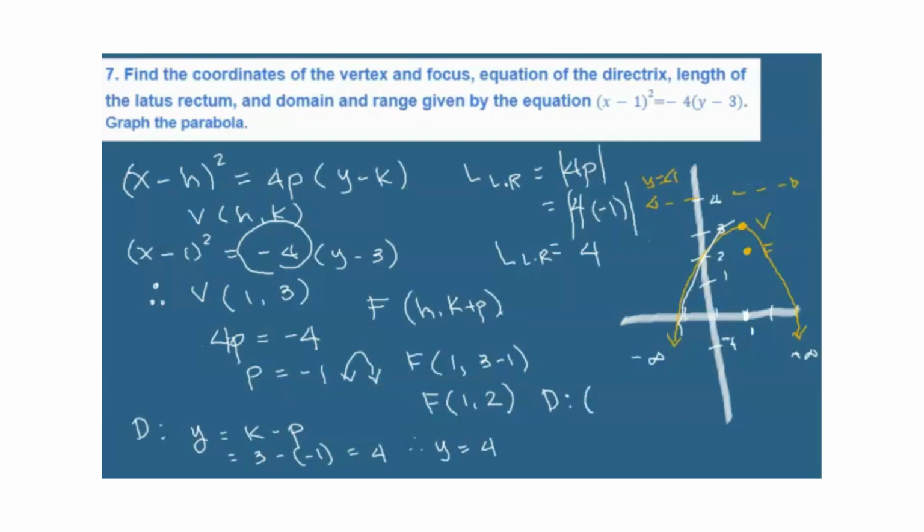So therefore, our domain is from negative infinity to positive infinity. And for the range, the highest point is at y equals 3. So 3 up to, so it goes downwards, all the way down, up to negative infinity. So that's the value of our range.